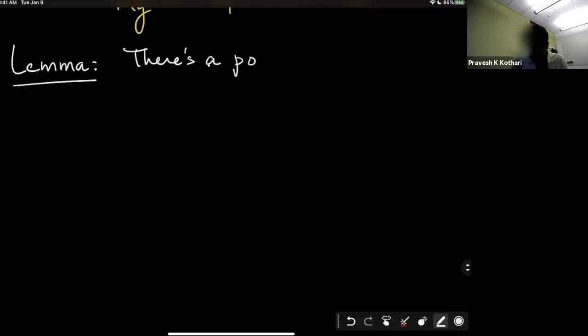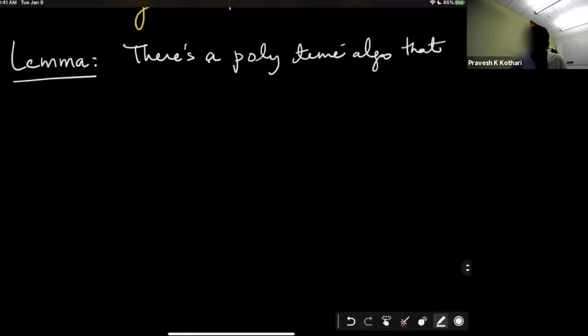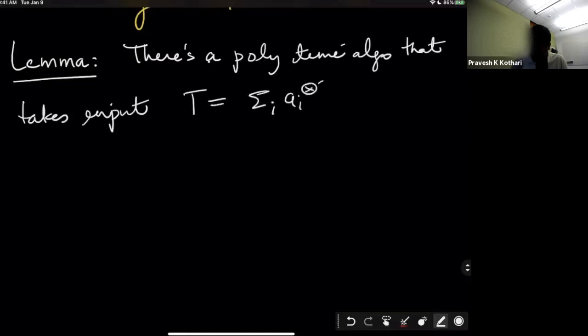And I will be loose in the same way in terms of ignoring numerical issues like I was in the previous lemma. Apologies for that. There's a polytime algorithm that takes input T, which looks like this, sum of a_i tensor to the 3. Actually, again, it works for asymmetric tensors too, but this one would be easier to describe.